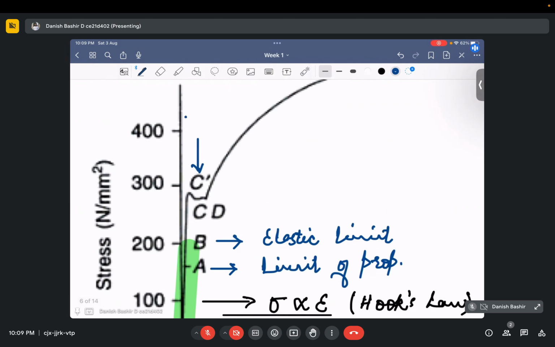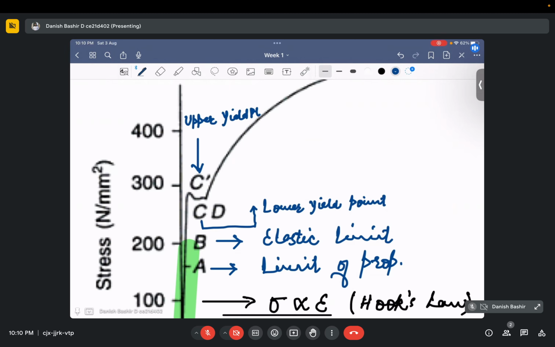At this point, steel starts yielding. And this C is the lower yield point.